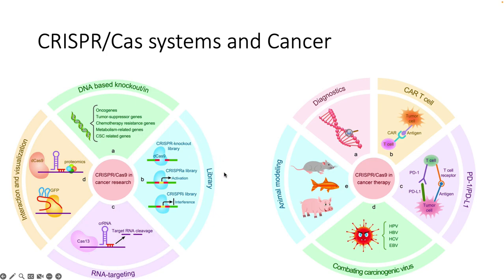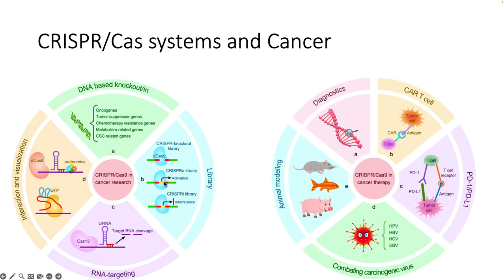We can create CRISPR libraries, and this is where you use the dCas9. Basically there's a little break, and the dCas9 comes in and fills in, because the dCas9 has something attached to it.